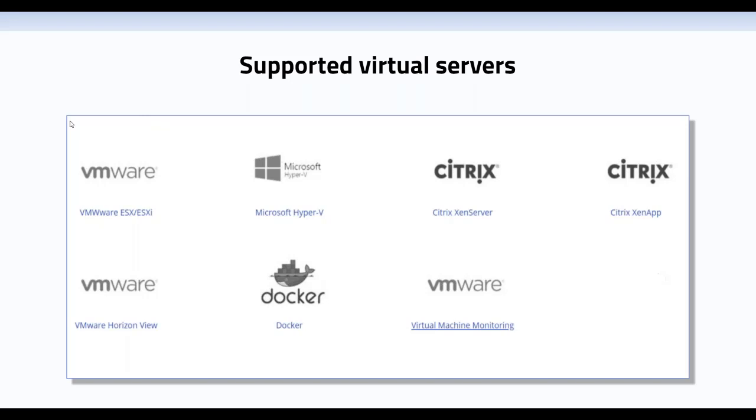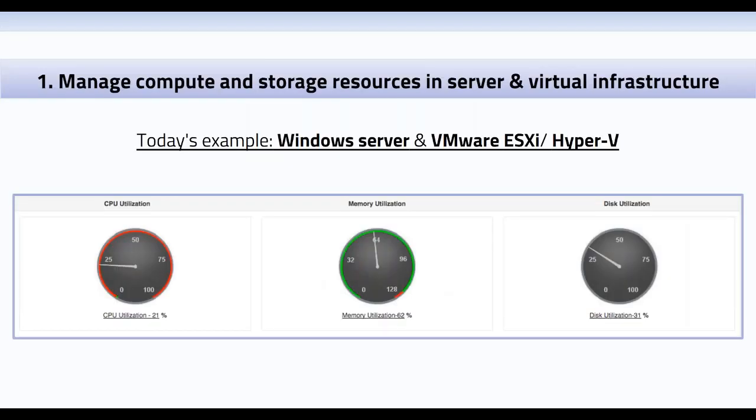However, now that we are looking at the first item on our agenda, let me just quickly inform you that in today's example, we will be using the Windows server as well as the ESX and Hyper-V servers occasionally to demonstrate the capabilities of the product. But as I showed in the previous slide, the same capabilities extend to all the supported servers and virtual servers.